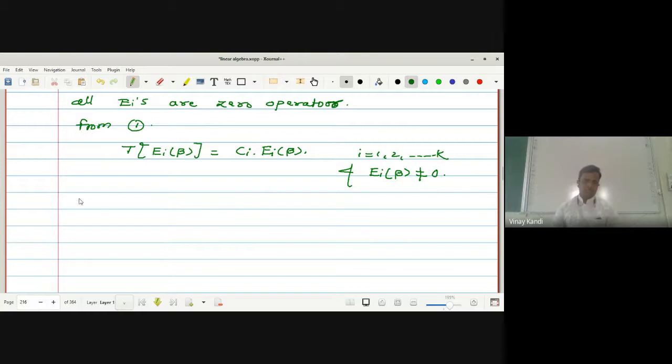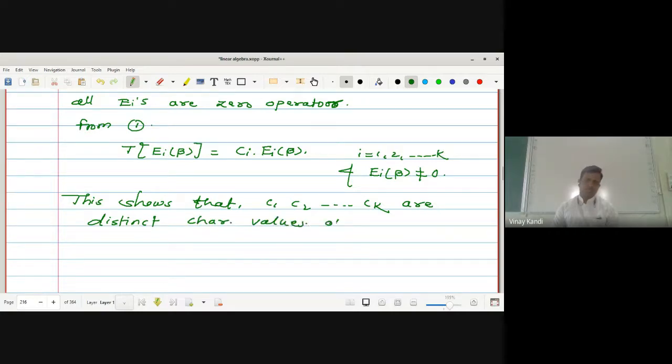So this shows that C1, C2 up to Ck are distinct characteristic values of capital T. So here C1, C2, Ck are the characteristic values of T.